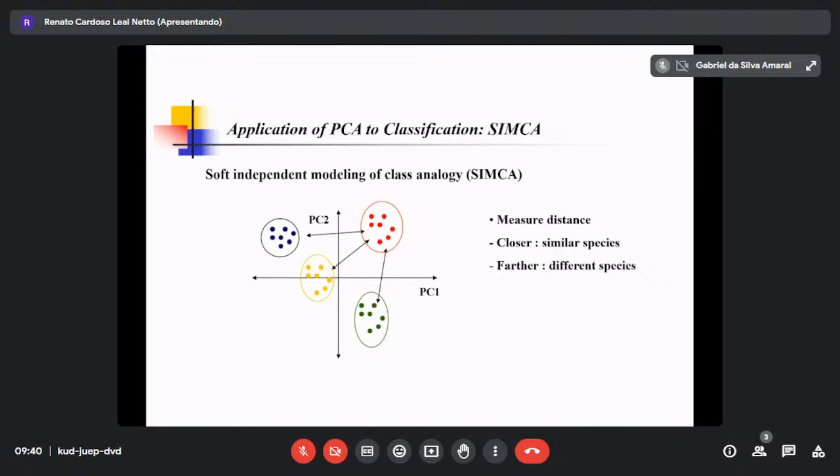Another approach is if we have a target species, for example, Korean ginseng, Chinese ginseng, Vietnamese ginseng, European ginseng. After the PCA model, for each of them, Korean ginseng, Chinese ginseng, American ginseng, Vietnamese ginseng, I made distances. So now you have a class sample.